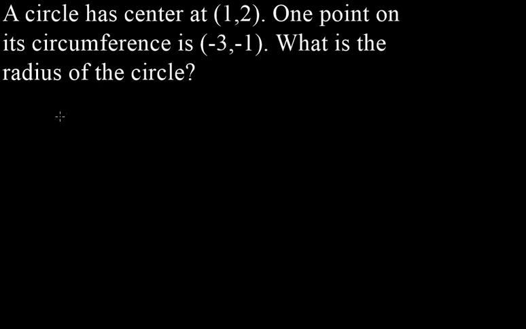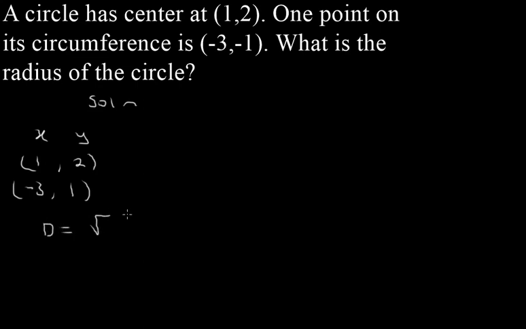So here's our solution. This circle has its center at 1, 2, and its circumference is at negative 3, 1. We're asked to find the radius, which is simply the distance between these 2 points. So same principle applies.